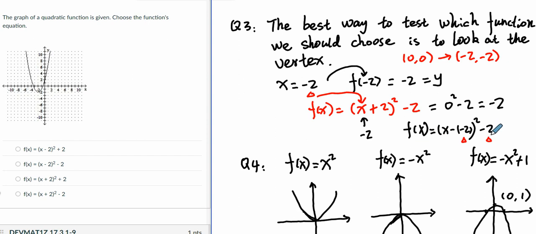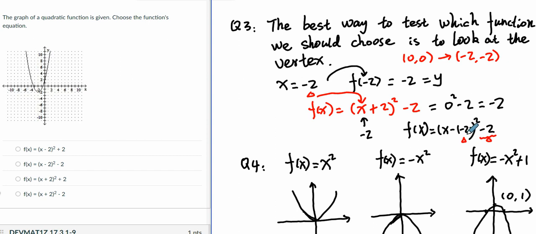But here for each value, you always subtract 2. So for the vertical direction, you want to see if here is negative or positive. Negative means going down, but here you want to see minus negative. Okay, it's different. Here is x plus 2. You really want to look at x minus -2.